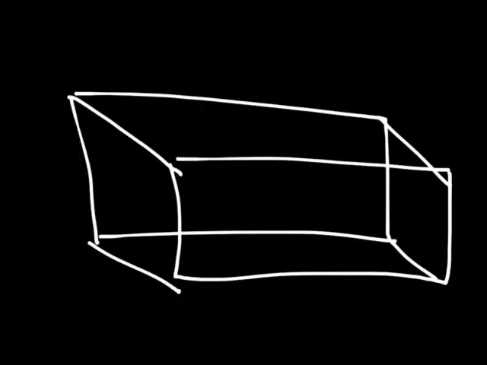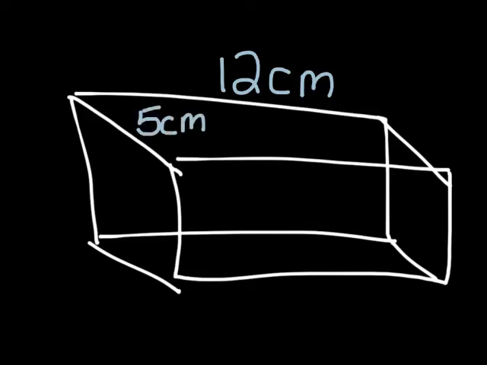So if we wanted to find the volume of this object, we'd have to multiply the object's length times its width times its height. So let's pretend that it is 12 centimeters long, and it is 5 centimeters wide and 6 centimeters tall.